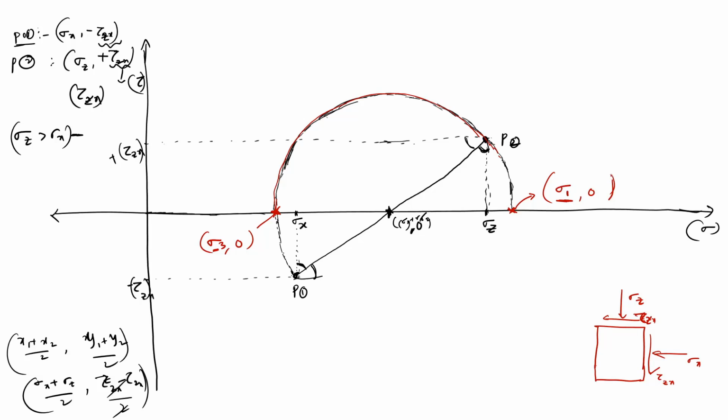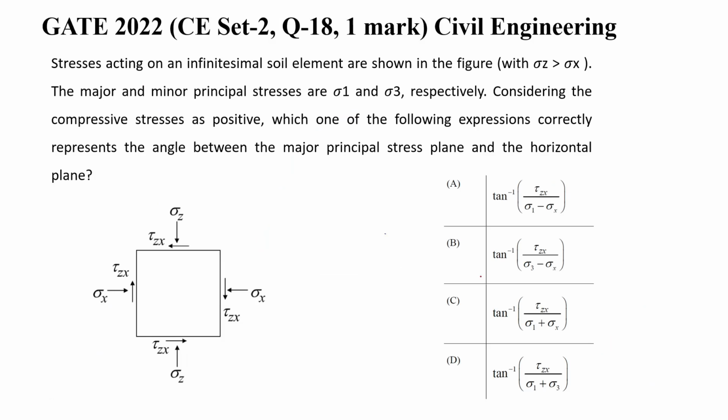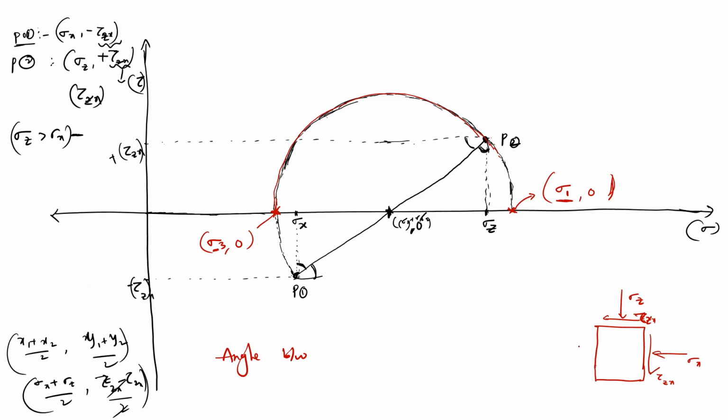Now what is asked in the question is the angle between the major principal plane and the horizontal plane. What is the horizontal plane here? This is the horizontal plane.